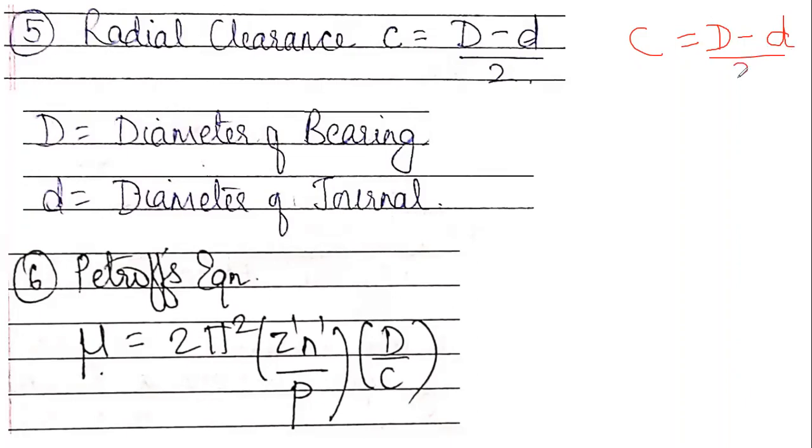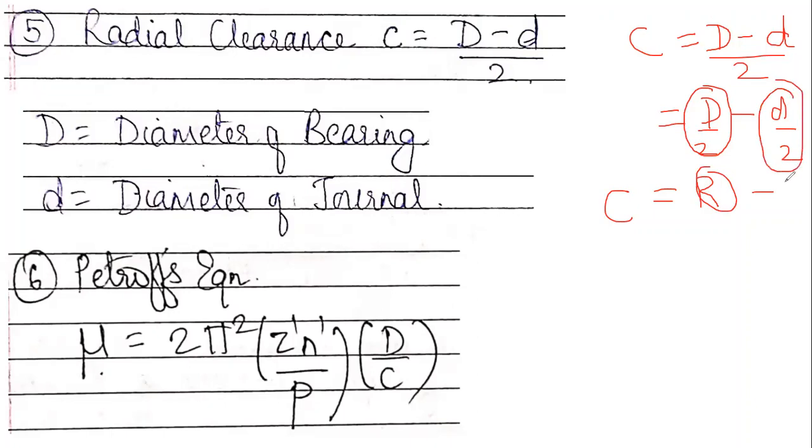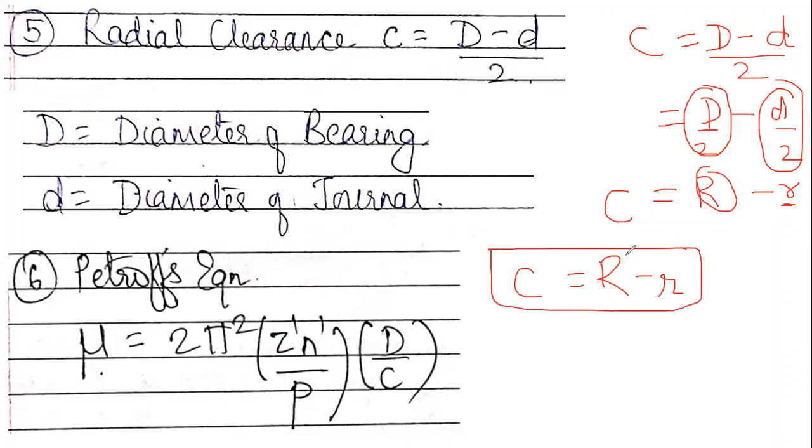If I divide by 2, I write D by 2 minus d by 2, then clearance will be R, the radius of the bearing, minus r, the radius of the journal. So you can remember this: clearance is the radius of the bearing, capital R, minus the radius of the journal, small r.